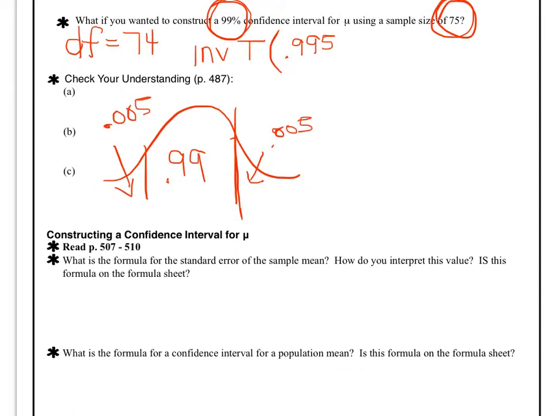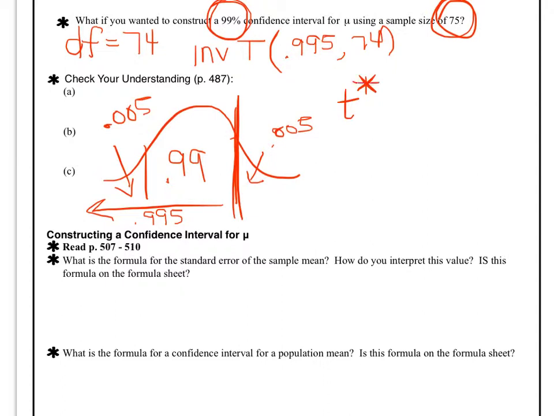And so from this high boundary down would be 0.995. Then I have to enter my degrees of freedom, which is 74, and that's going to give me a value of 2.64.